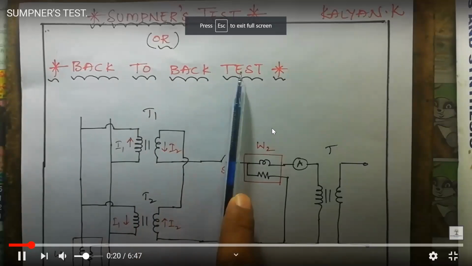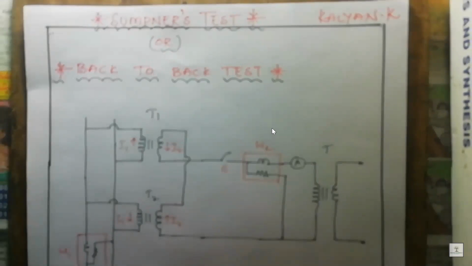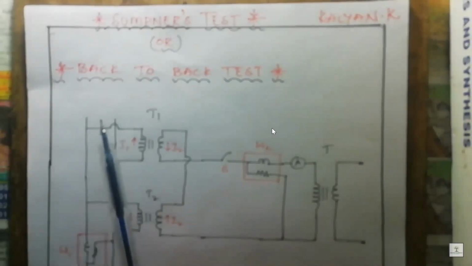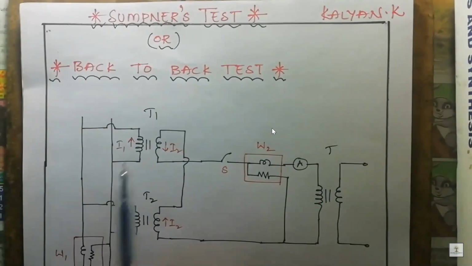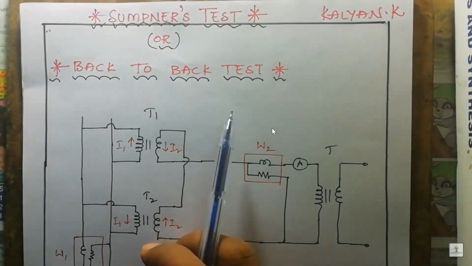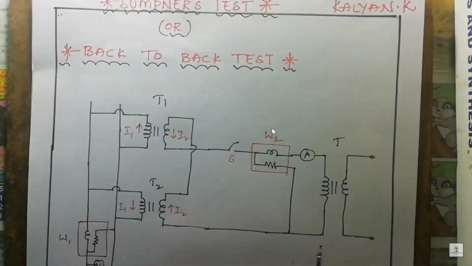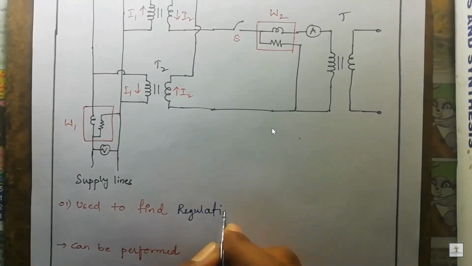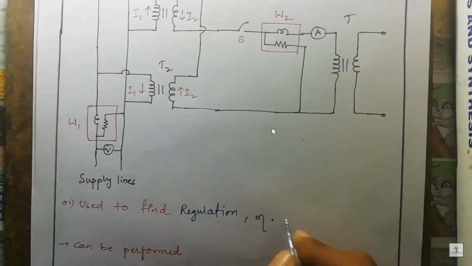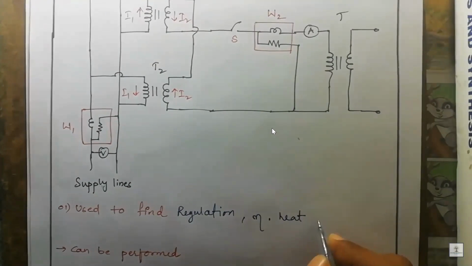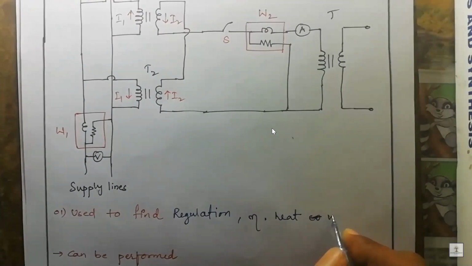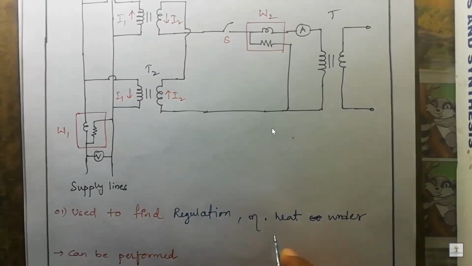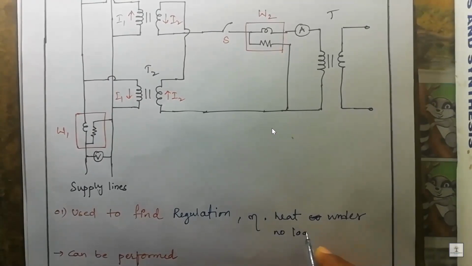Or back-to-back test of transformers. So we need to know why we are conducting this test on a transformer. The main reason is to find regulation, efficiency, and heating conditions under no load conditions.